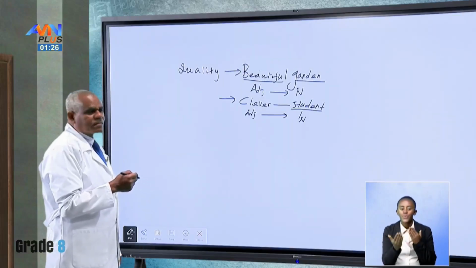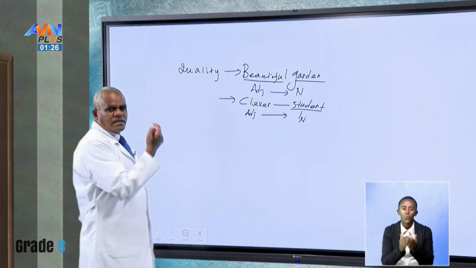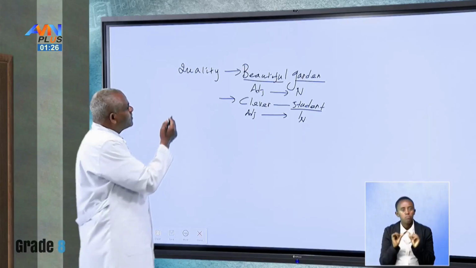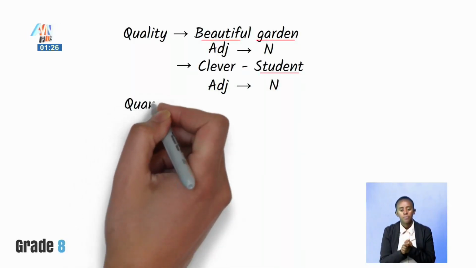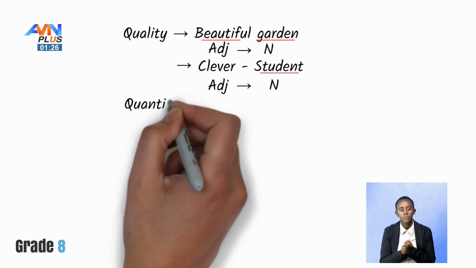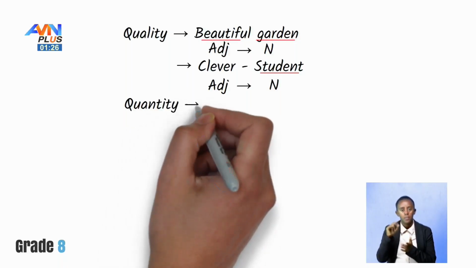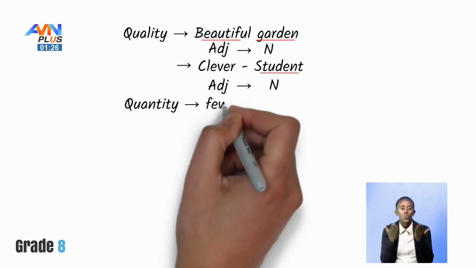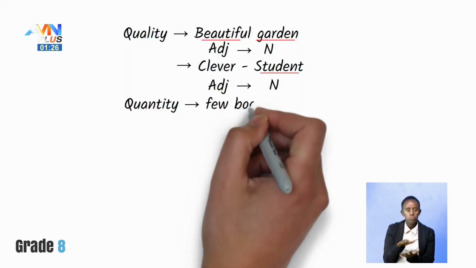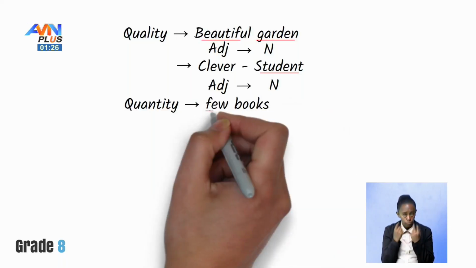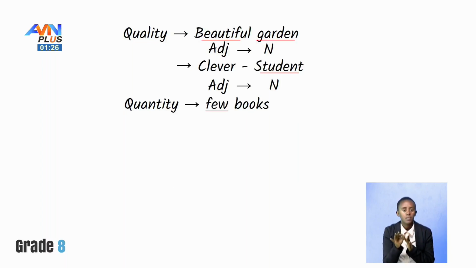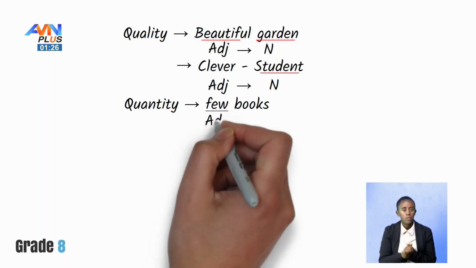Good. Let's go and see some examples of quantity. Few books. You see, this is quantity. It's still an adjective, don't forget that. Books is a noun.